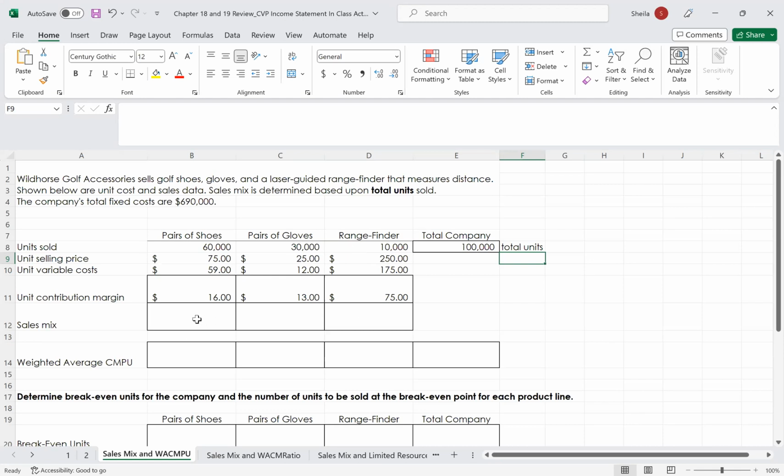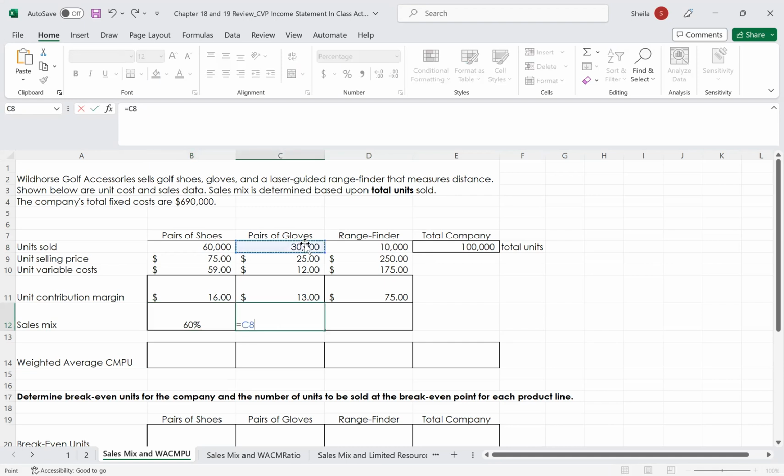Now, sales mix is going to be calculated by taking each one of our units for each of our products in total divided by the overall. So what that means is that when I look at my shoes compared to the other items that I'm selling, 60% of my sales mix revolves around shoes. Now I can do the same thing with gloves. If I sell golf gloves, that ratio in my company is 30%.